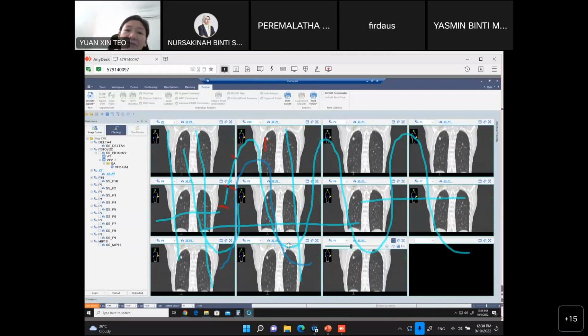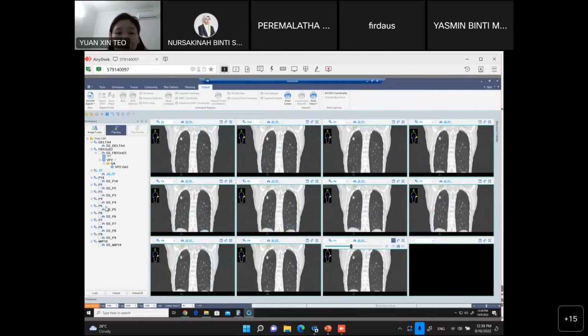After these 10 images, we import all 10 into our planning system. Then the Monaco system will generate an average, because all these 10 track the tumor movement during inhale and exhale. After we import all this, Monaco will generate MIP 10, meaning the average movement.